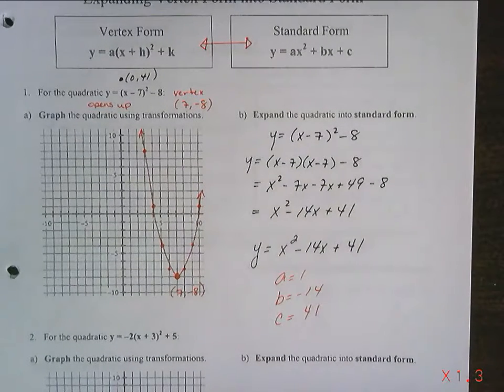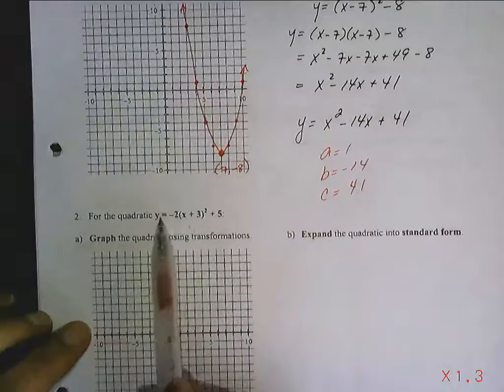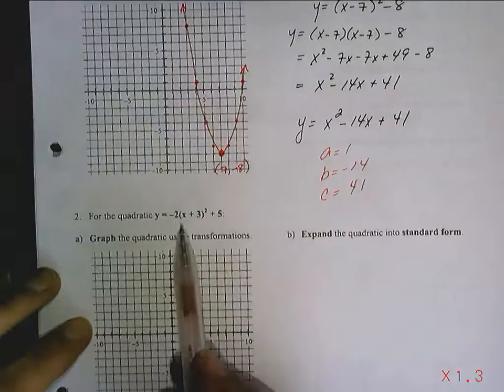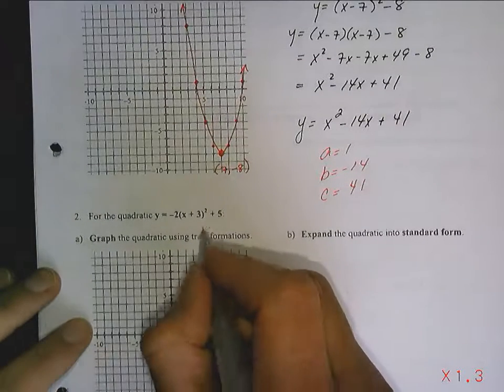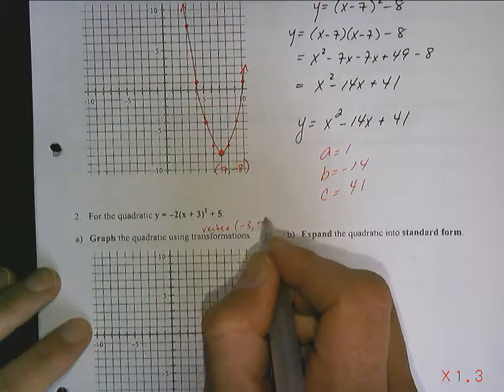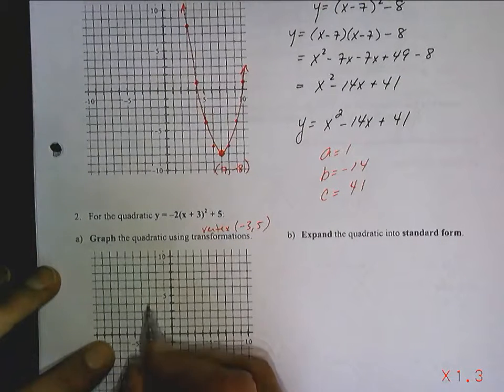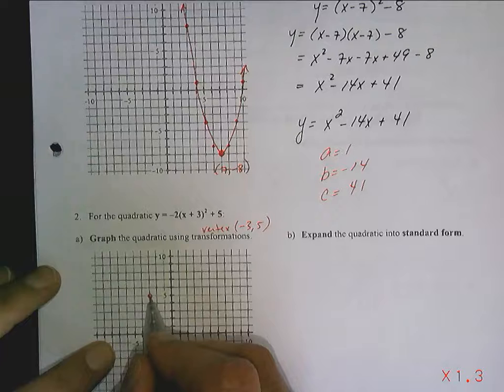So we'll take a look at this one. We should know that the vertex is going to be at negative 3, 5. So negative 3, 1, 2, 3, up to 5. My studio audience will let me know if I've made a mistake.